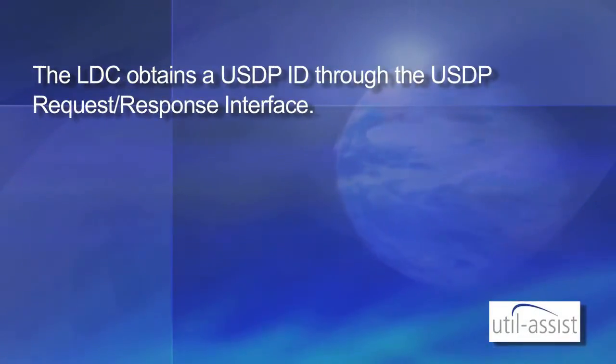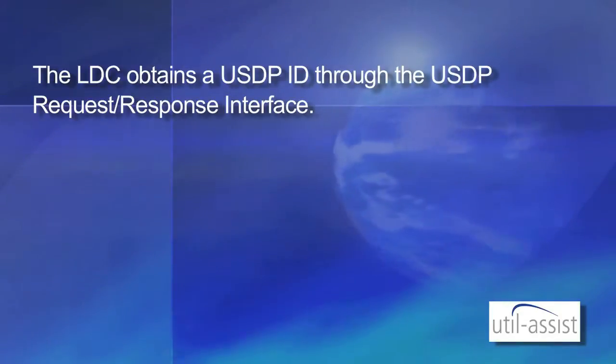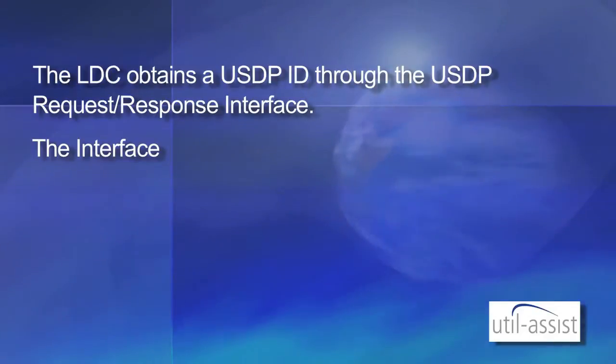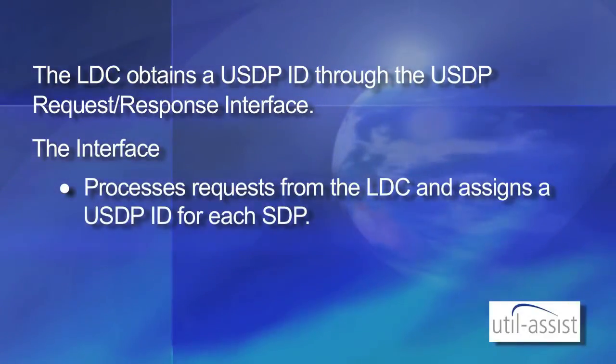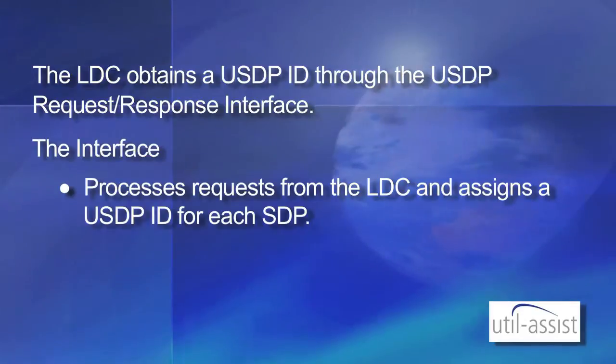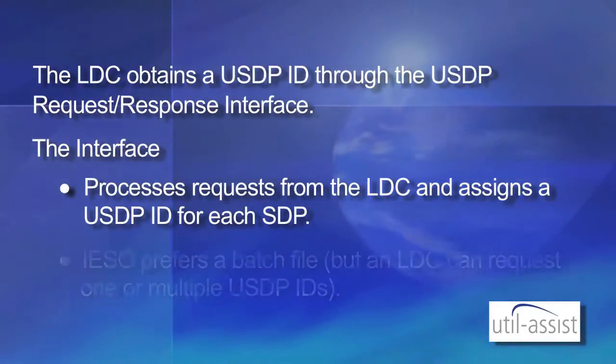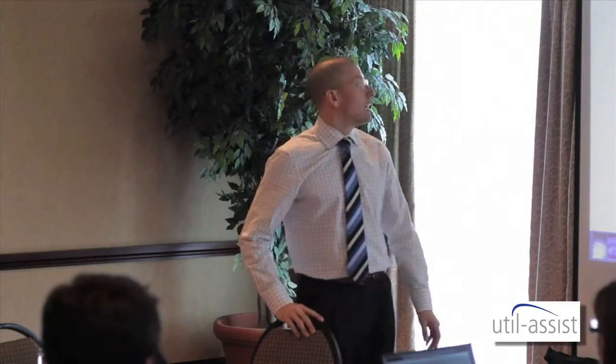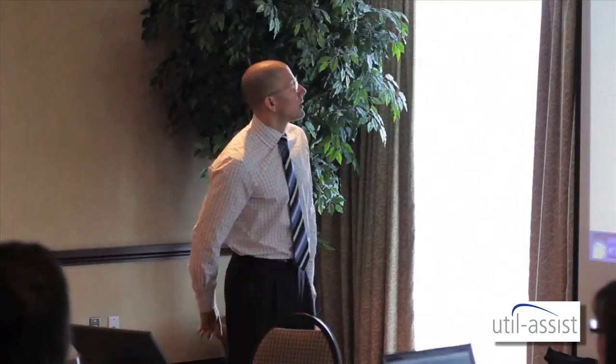The LDC obtains a USDP ID through the USDP Request and Response interface. The interface processes requests from the LDC and assigns a USDP ID for each SDP. ISO prefers a batch file, but an LDC can request one or multiple USDP IDs. The interface is fairly simple. You send a request for USDP IDs and they respond with the USDP IDs.